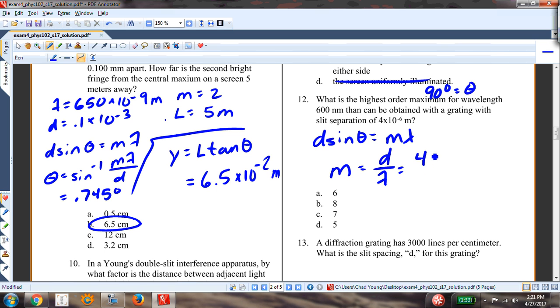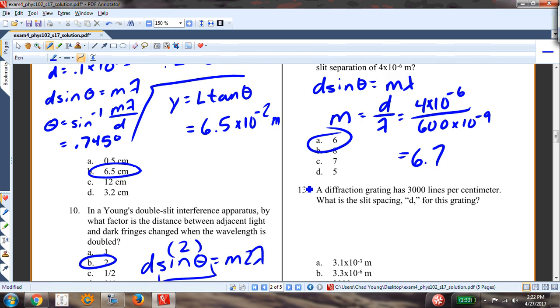So that's 4 times 10 to the minus 6 divided by 600 times 10 to the minus 9. I get 6.7. So the highest order that I get is the 6th order. You don't round up because you can't go above 6.7.